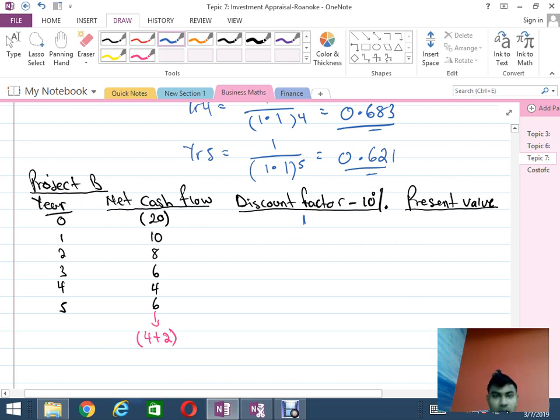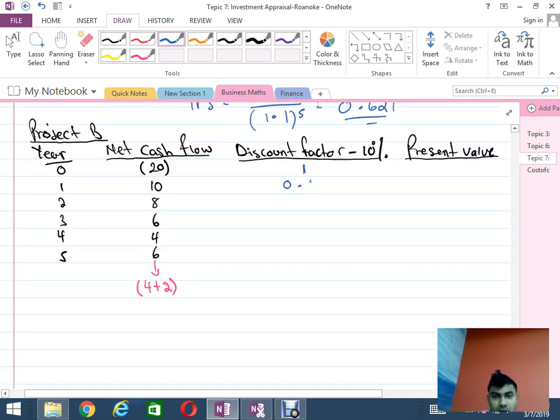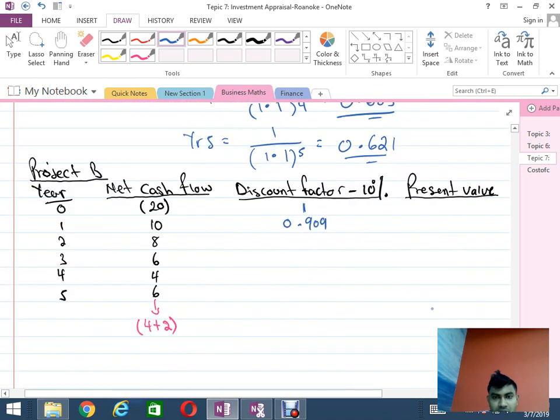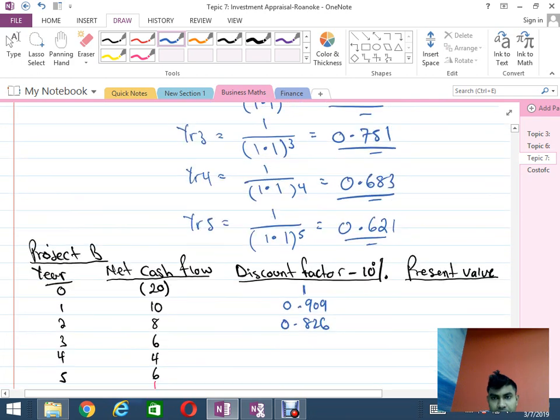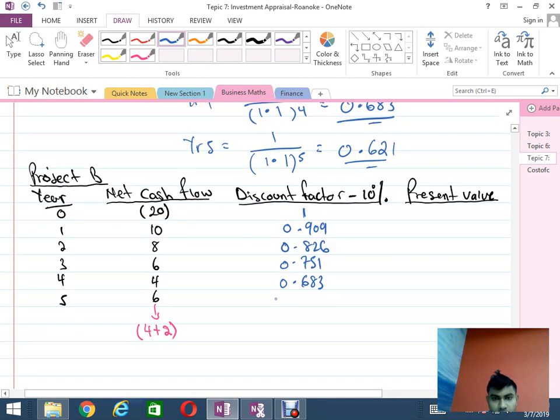So you just copy back the discount factor, same discount factor, correct? So first one is 0.909, second one is 0.826, 0.751, 0.683, 0.621. So you just multiply.